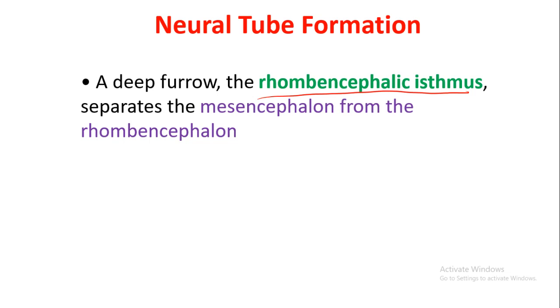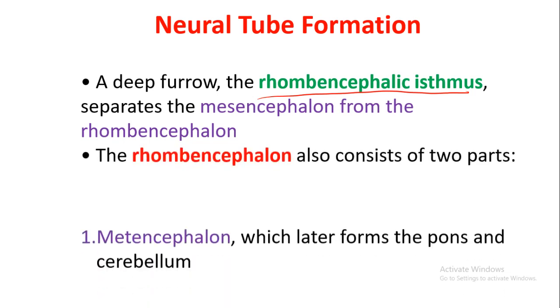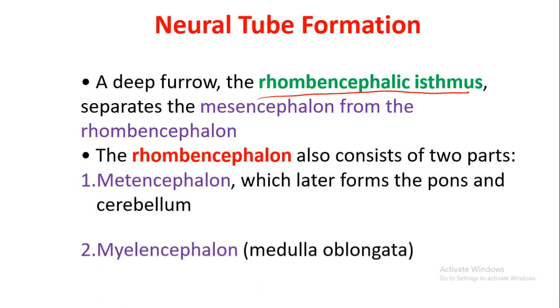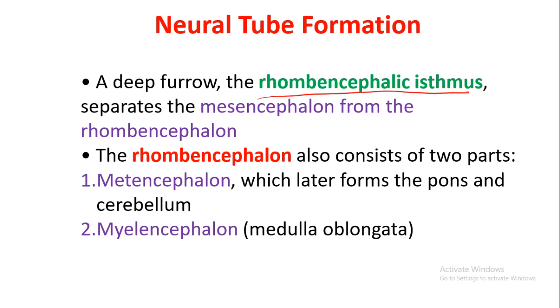But within the same week 5, the rhombencephalon divides into two, which is the metencephalon and myelencephalon. The myelencephalon is the one which is normally known as the medulla oblongata.